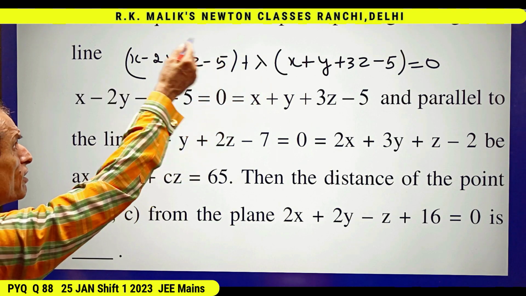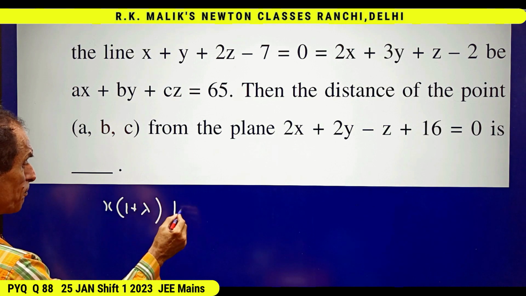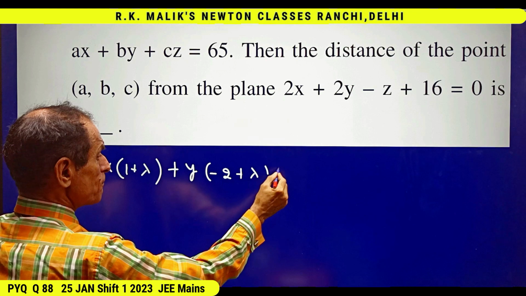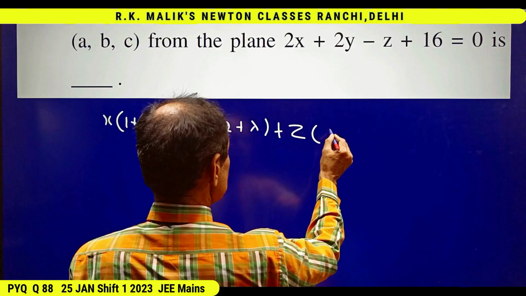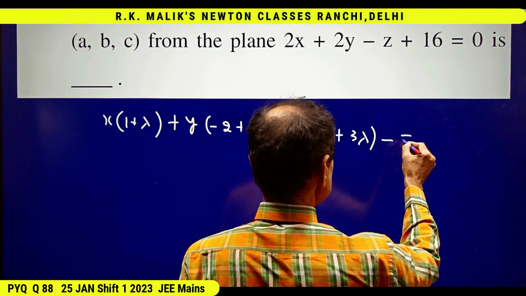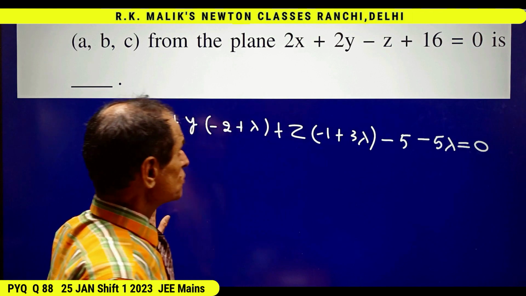And because this can be written as x into (1 plus lambda) plus y into (minus 2 plus lambda) plus z into (minus 1 plus 3 lambda) minus 5 lambda equal to 0.